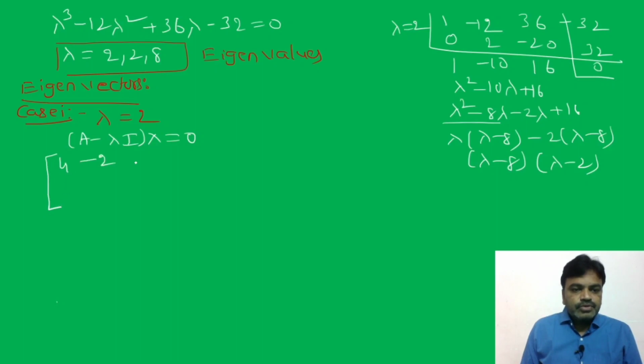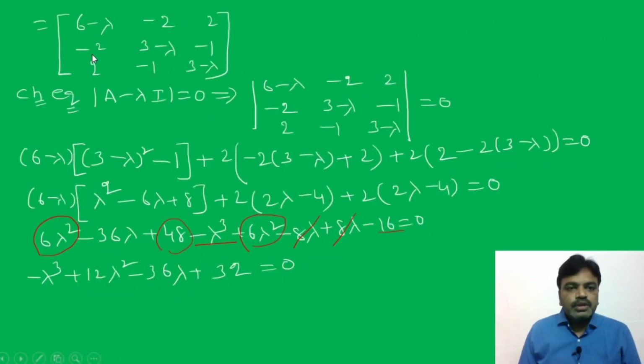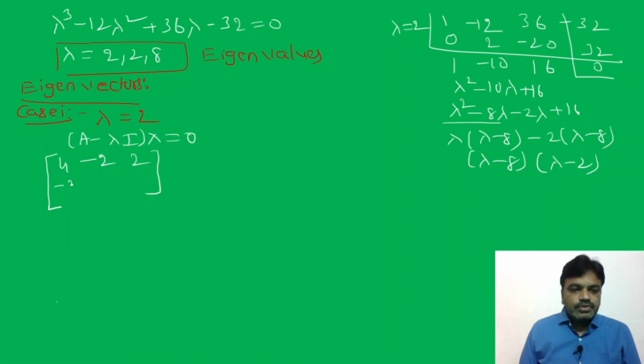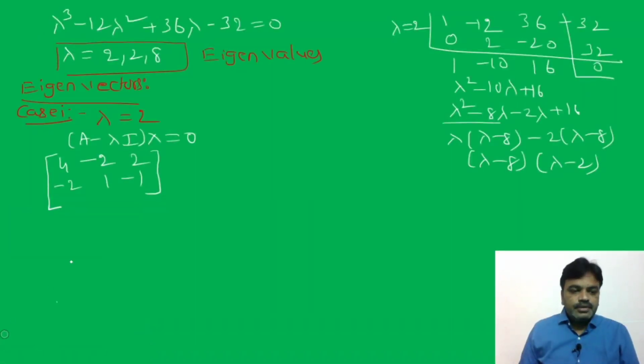Second row is minus 2, 1, minus 1. Third row is 2, minus 1, 1. Now this is order 3.